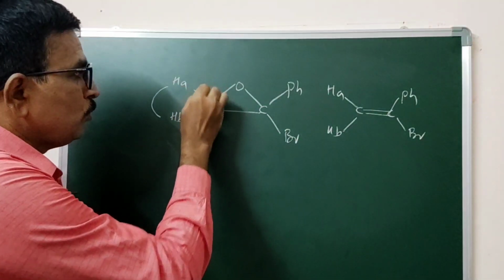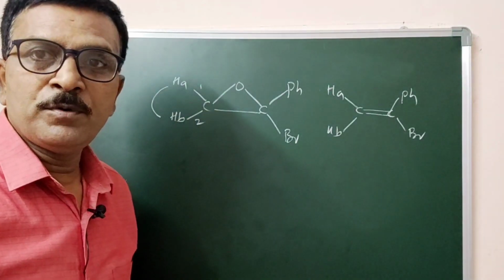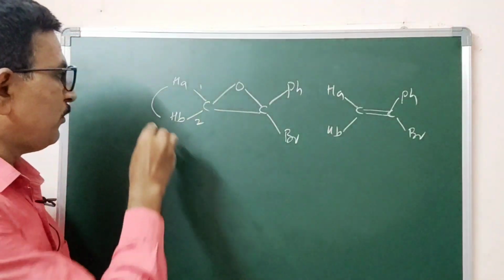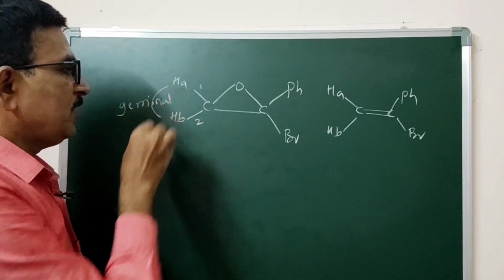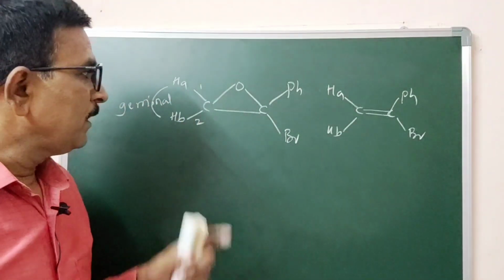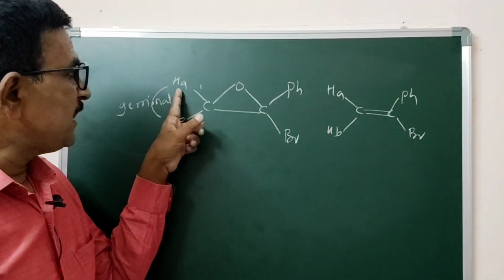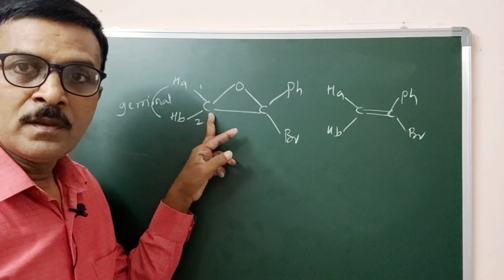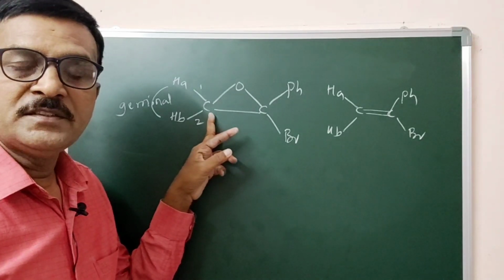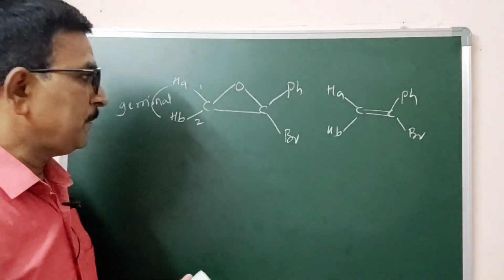Now there are two bonds which separate the coupled protons, that is A and B. Therefore this is geminal coupling.